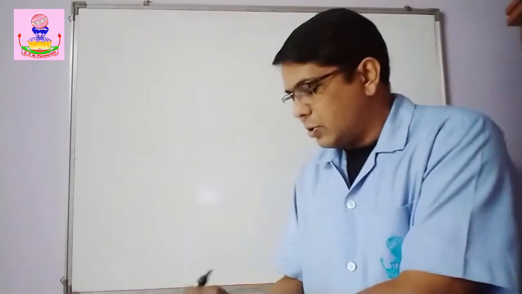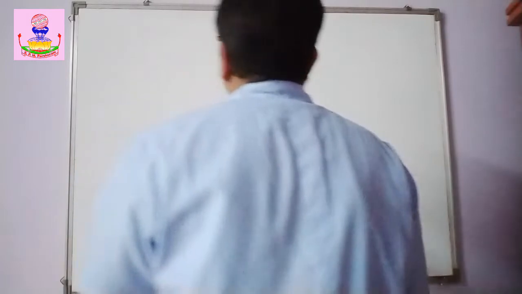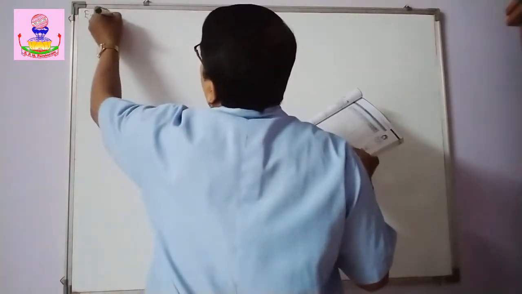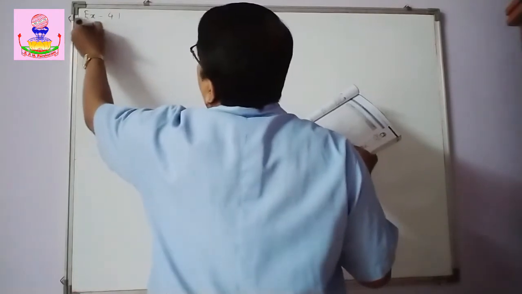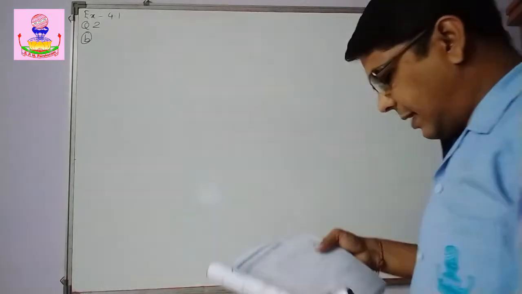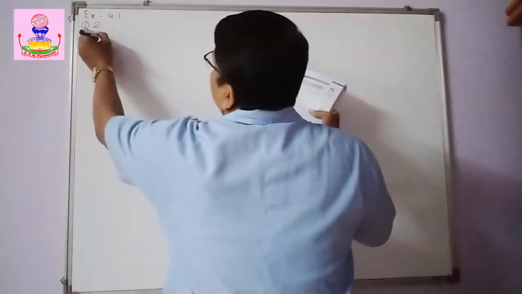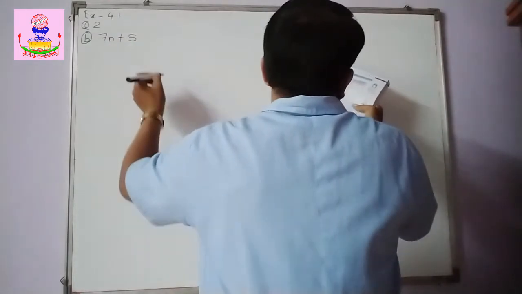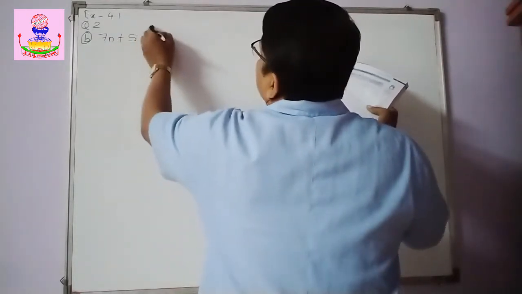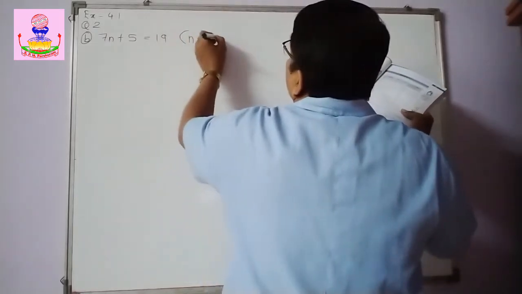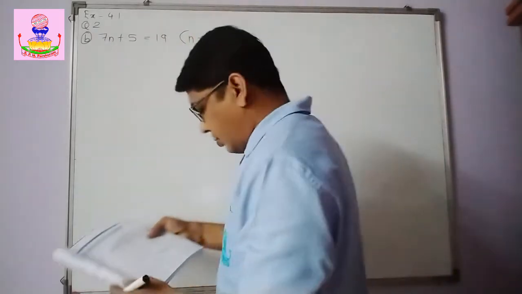So exercise 4.1, question 2 B. 7n plus 5 is equal to 19, and the value of n here is n equal to minus 2.